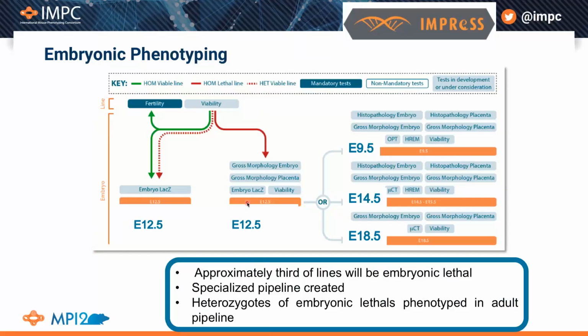That's 12.5 days after conception, and we do some gross morphology assessment. Then based on what they see, the centers will go back and do an extensive imaging protocol earlier or later in development. This data is a little slower to come, but it's very heavily image based, and we do have some of this data available.